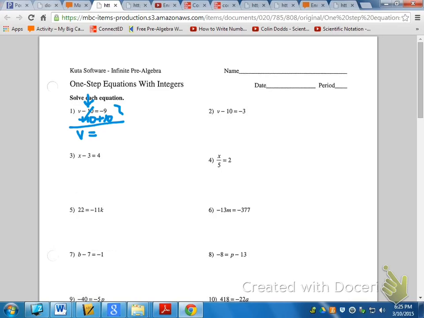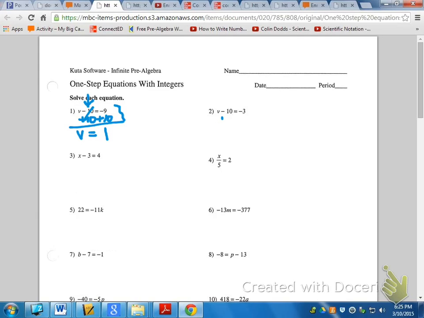Now these two: you are $9 in the hole and you just earned 10. Where are you now? Well, you are at a positive 1. So you came out of the hole, it's great, you've got 1. So 1 minus 10 equals negative 9, and that makes sense. All right, look at number 2. It starts out the same, v minus 10, and it equals negative 3.